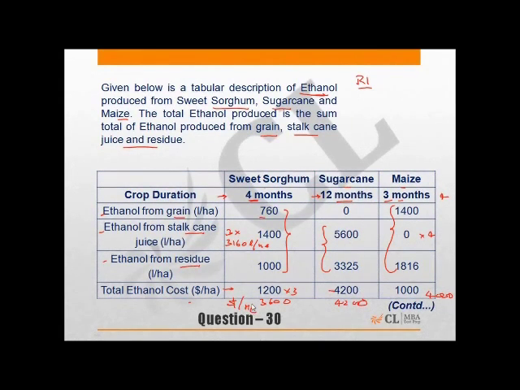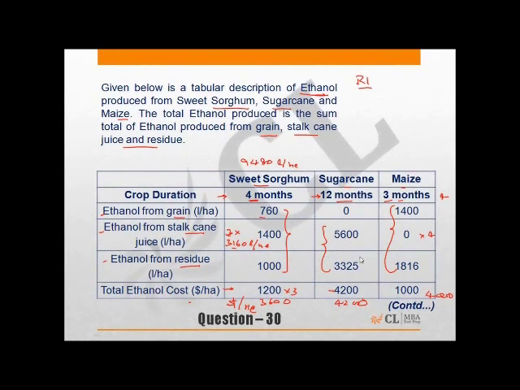But what is it that you are producing? The ethanol produces 3 into 3160, which makes it 9480. So total ethanol produced will be 9480 liters per hectare in the full year on the basis of sweet sorghum.